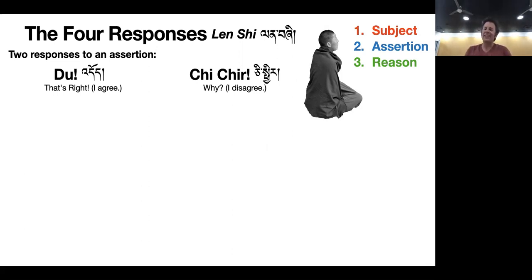So chi-cheer has a lot of utility. It generally means you don't agree. If you say chi-cheer and you just don't know, and I say, oh, so you're telling me Tyler doesn't have a pony named Steve, and you're like, look, I don't know if he does, does that mean you have to take it on the chin that you disagreed with something when you don't even know if it's true or not?